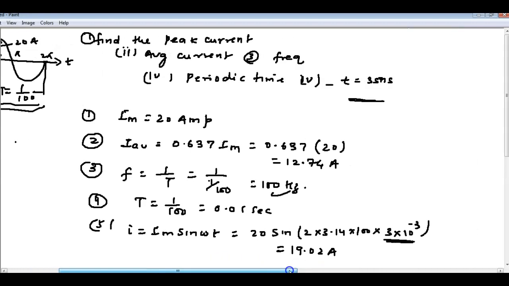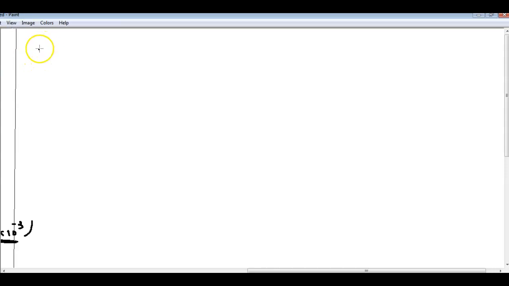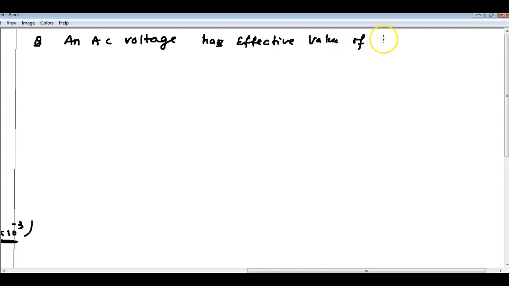We will do one last question, voltage based. The same thing applies for the voltage also. So given here the question: an alternating voltage has effective value equal to 17.71 volt, and frequency is given 60 hertz.